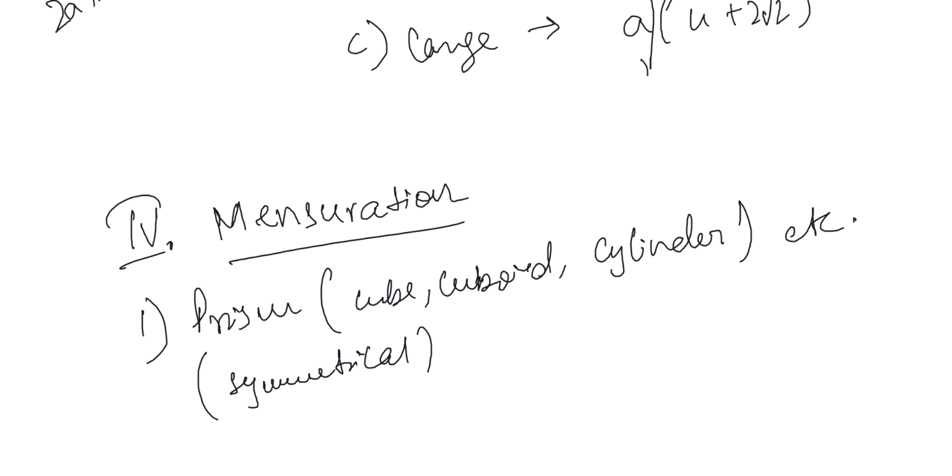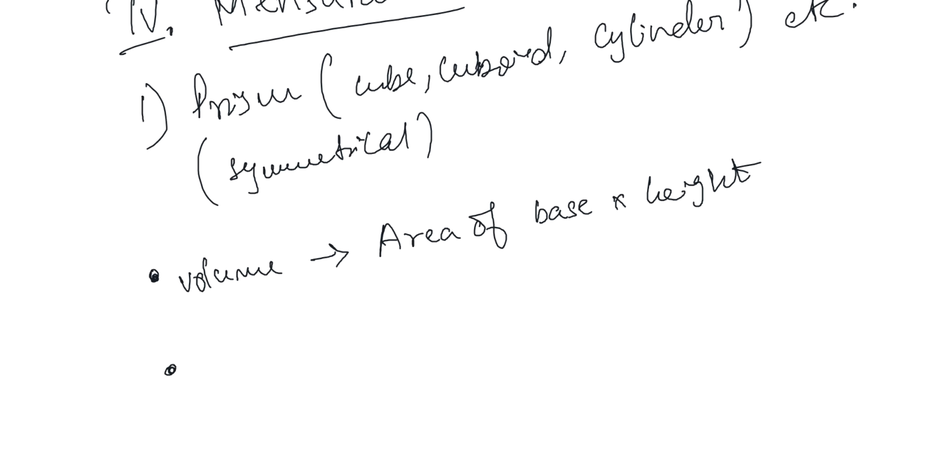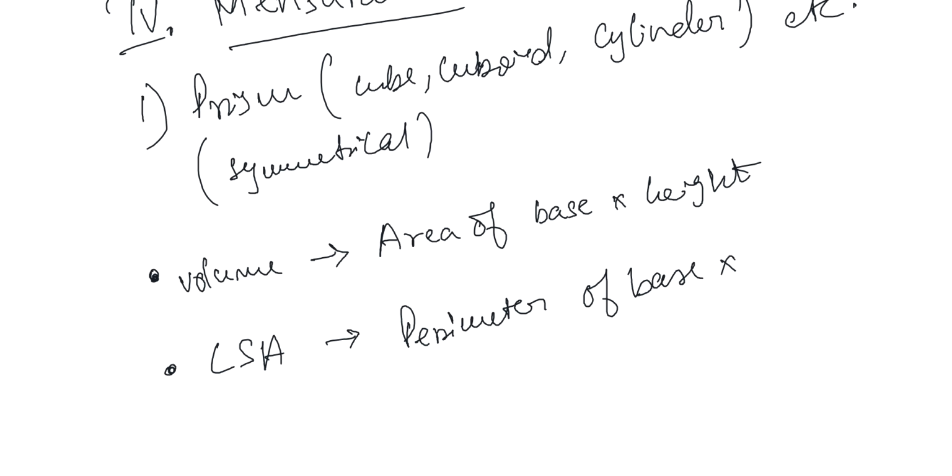So the volume of any prism will be given by area of base into height. Then the lateral surface area, which is the area of the surface without considering the bases, is perimeter of base into height.